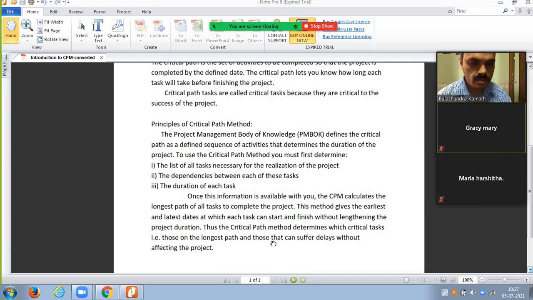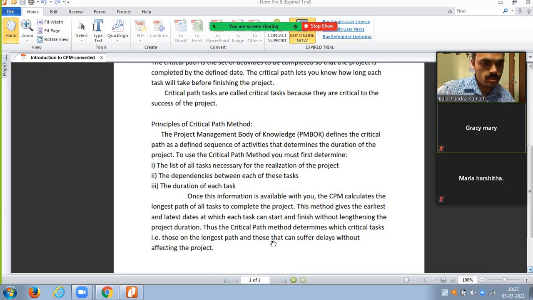A critical path method identifies when each task can start and finish, but at the same time it ensures that the project duration should not get long.